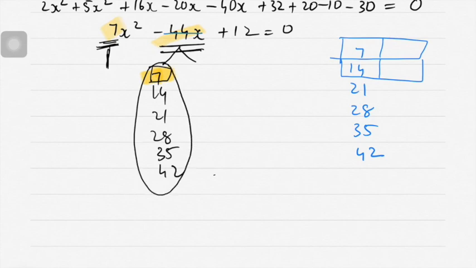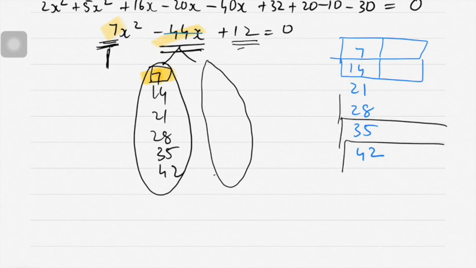The first number has to be a multiple of 7, then only I can take the common 7 out. Correct? The second number should be a factor of 12.